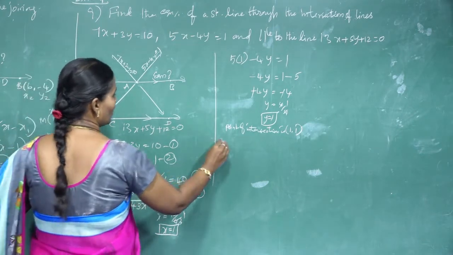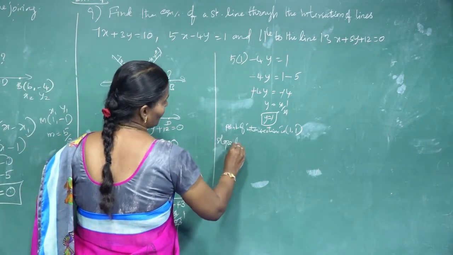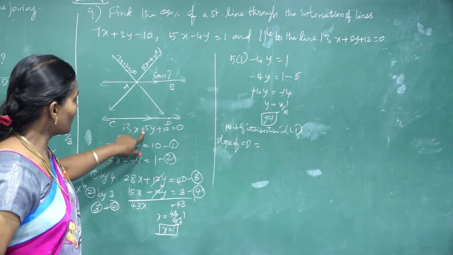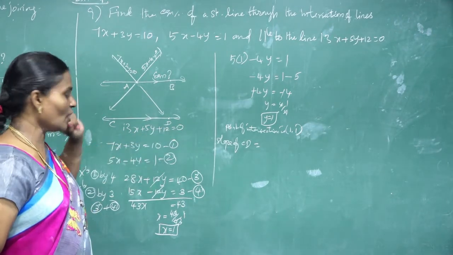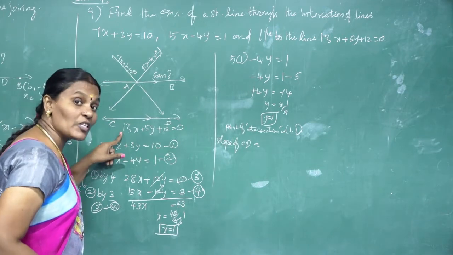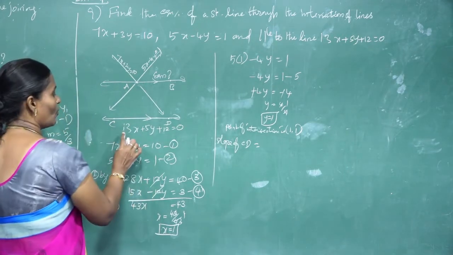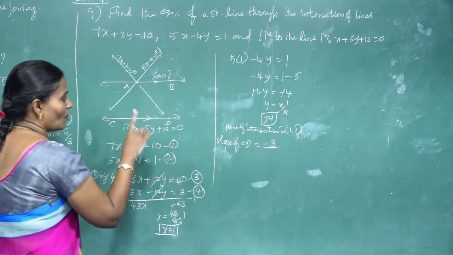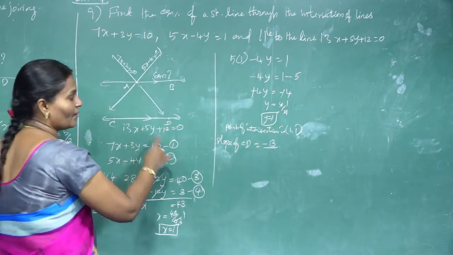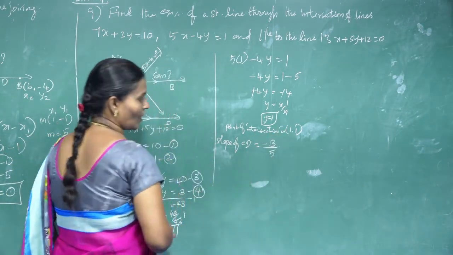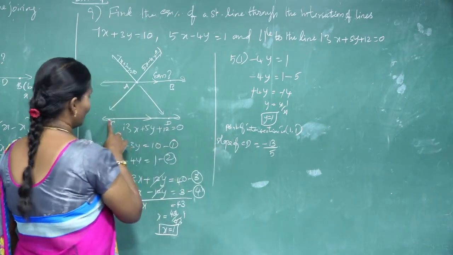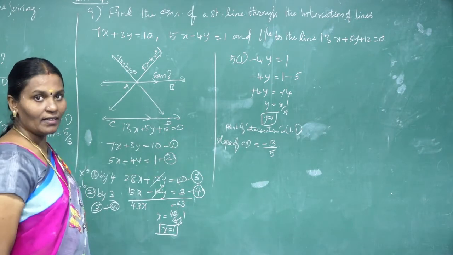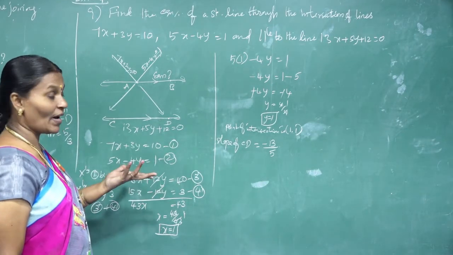So the slope of CD, whose equation is 13x plus 5y plus 12 is equal to 0: minus the coefficient of x, which is 13, by the coefficient of y, which is 5. So the slope of CD is minus 13 by 5.